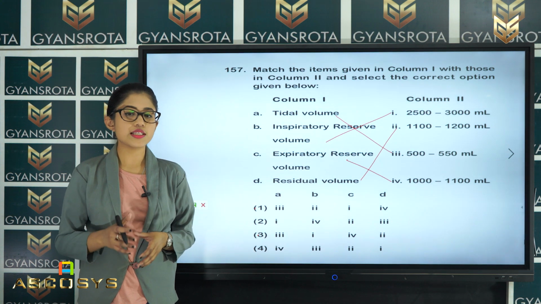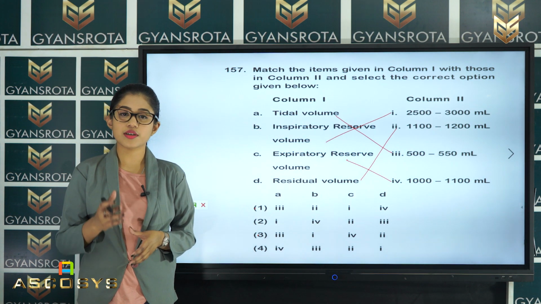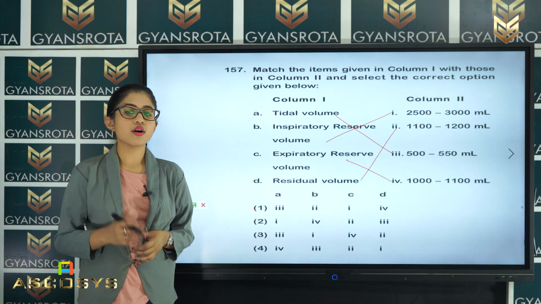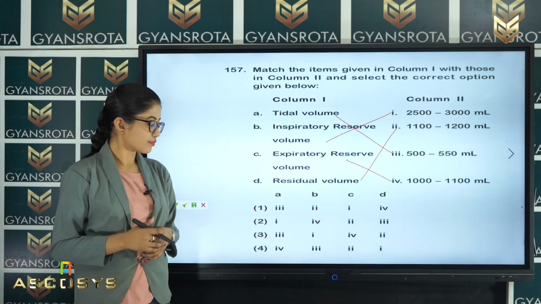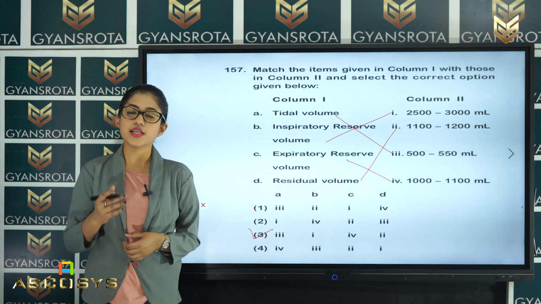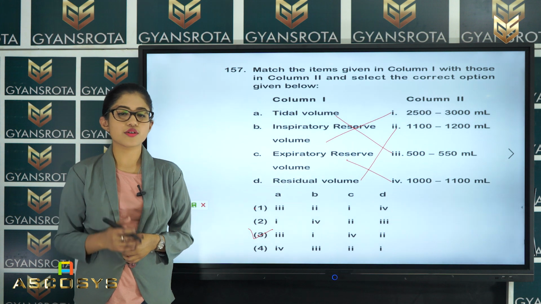So we have got all these terms in that chapter. You can refer to the chapter for more details and the definitions of these. So what is the correct answer for this? That is option number 3. So option number 3 is the correct answer for this question.